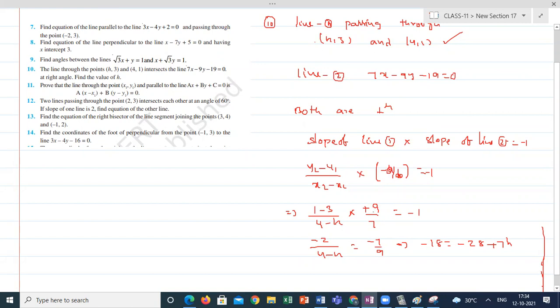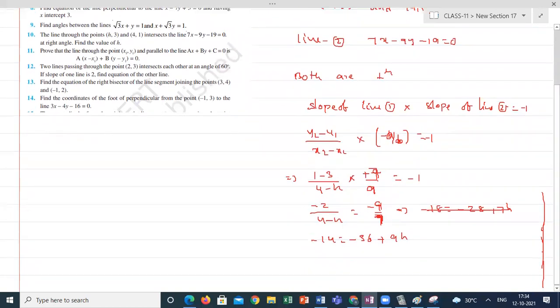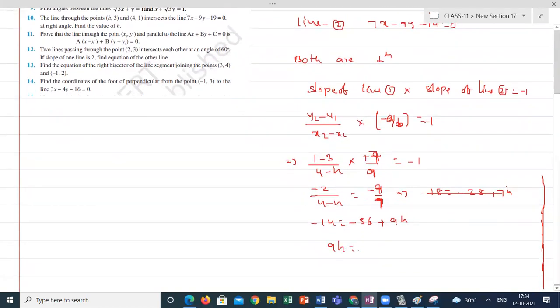This is 7 by 9. 9 by 7. Then it will be minus 14 minus 36 plus 9h. And what is the answer? Now you got 36 minus 14 to 22, which is equal to, I'm not getting. Sir, I got 21 by 9. I'll check once. Yeah, please.